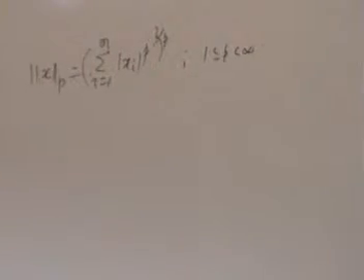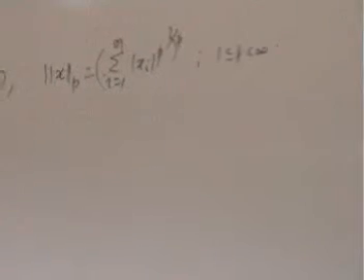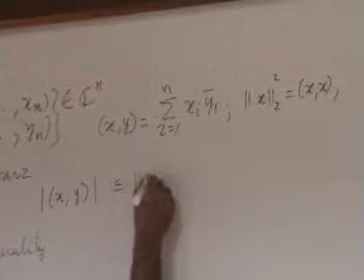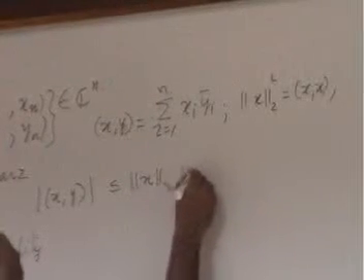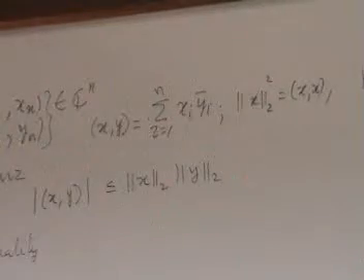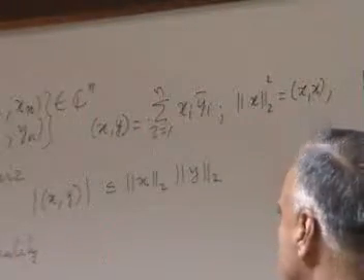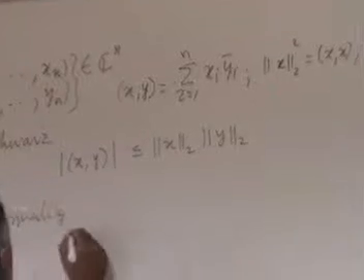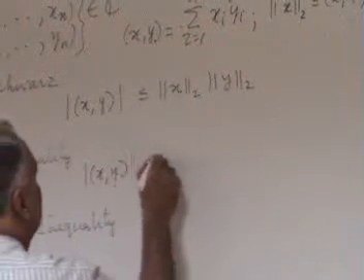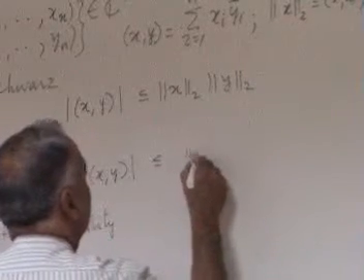With these notations, the Cauchy-Schwarz inequality says simply this. This is just our ordinary thing: the dot product is less than or equal to the product of the lengths. And Holder's inequality says, we still write it in this notation, less than or equal to.